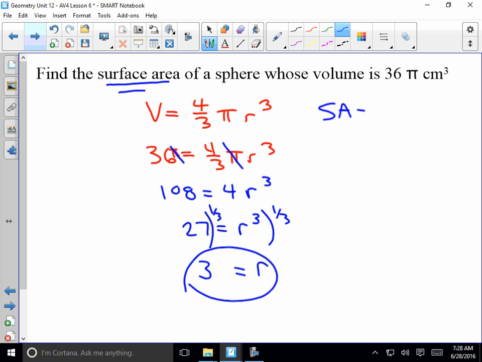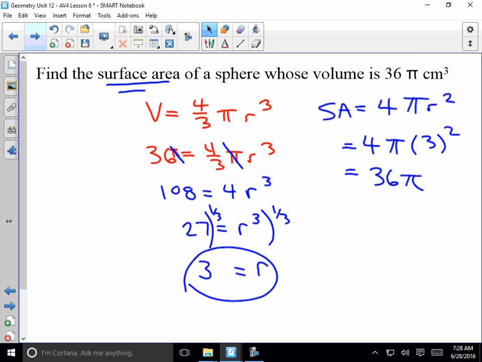So we have to plug it into our next formula, 4 pi r squared, to get our surface area. So 4 pi radius of 3 squared. 3 squared is 9. 9 times 4 is 36. So we finish up here with a 36 pi.